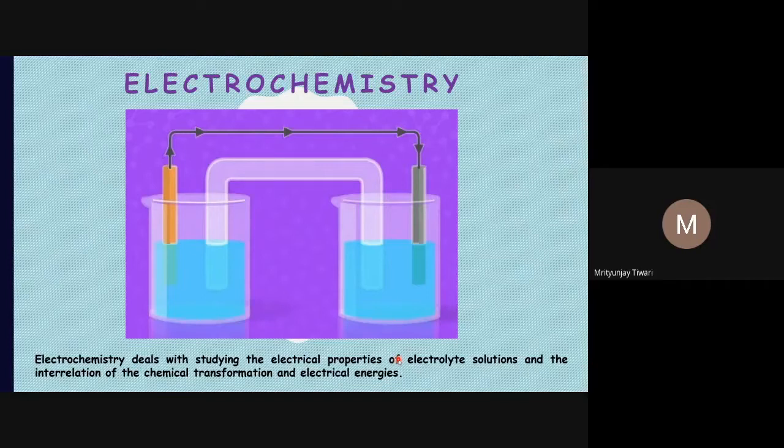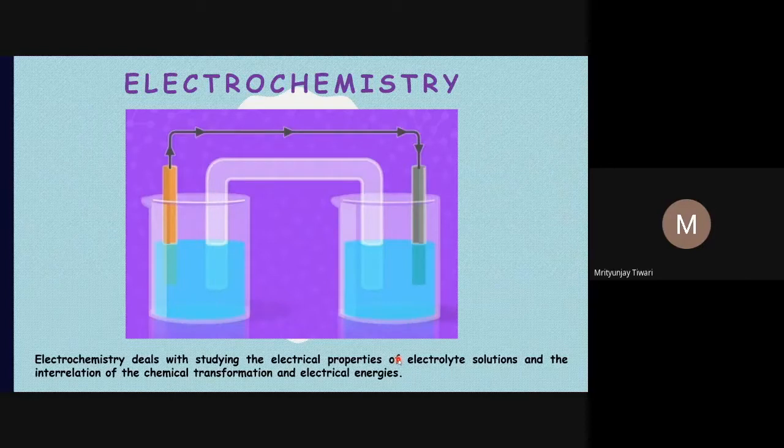We can convert the energy released during a spontaneous chemical transformation to produce electricity, and that electricity we use for running many devices like our mobile and laptop. All batteries are actually electrochemical devices, and they convert spontaneous chemical transformations into electrical energy.